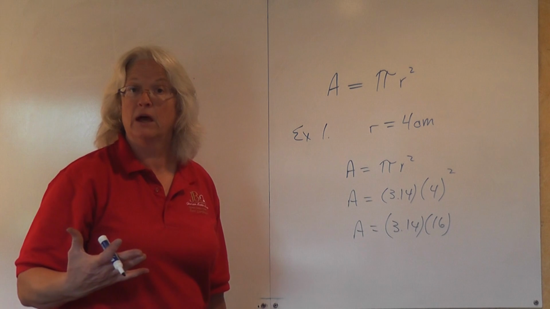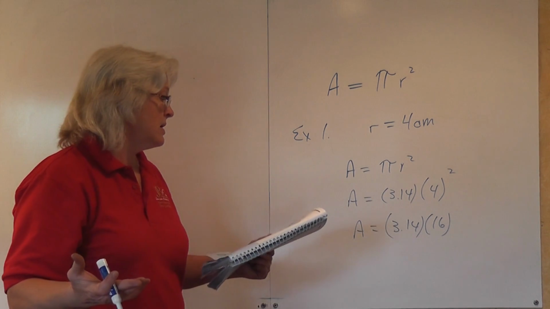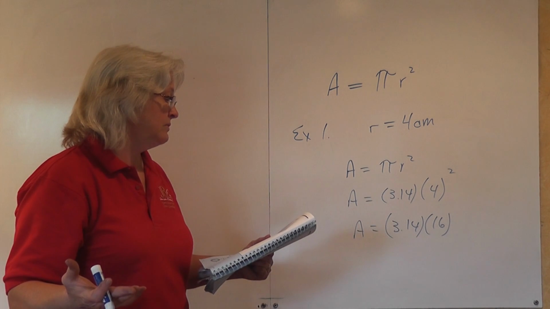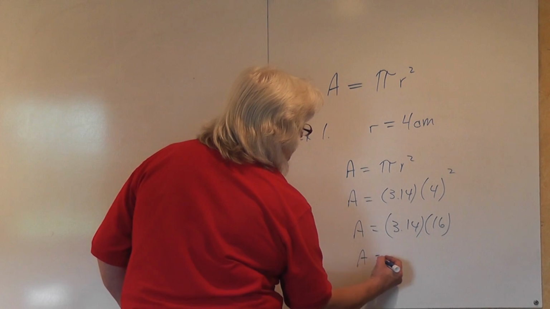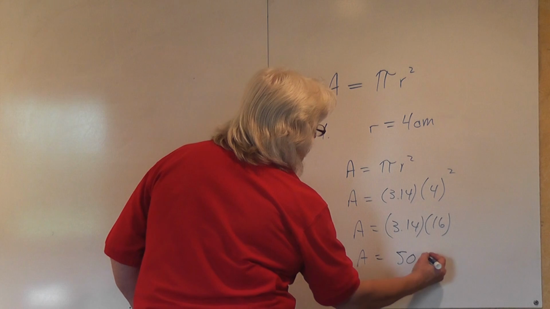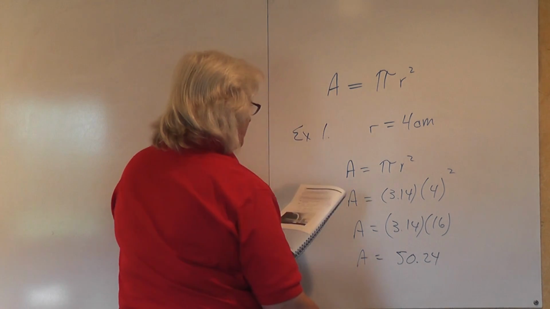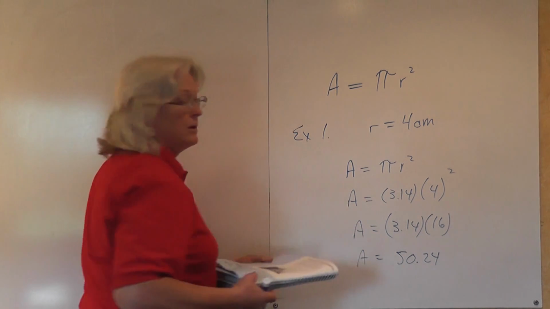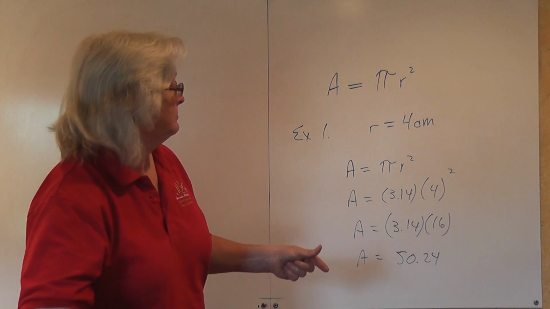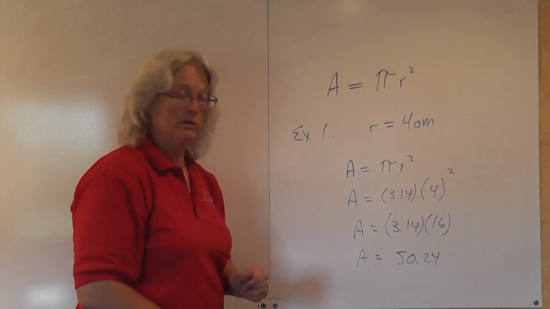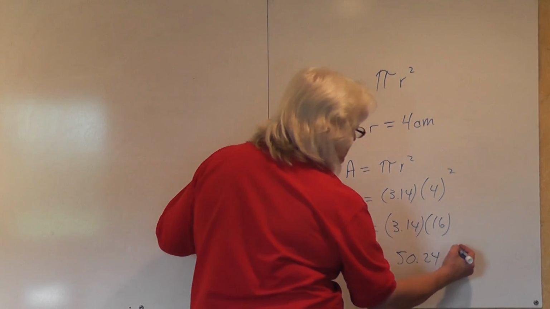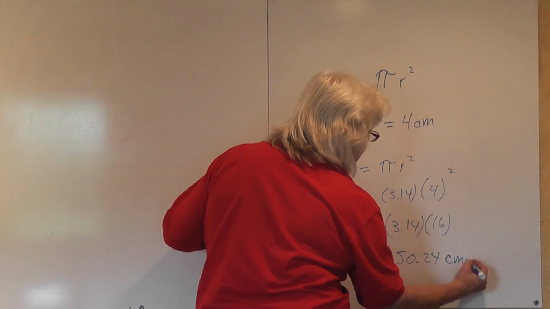Hand calculate that, or use your calculator, and that is going to give you a value of 50.24. Now, is that our answer here? No. It's area, square units, 50.24 centimeters squared, square centimeters.